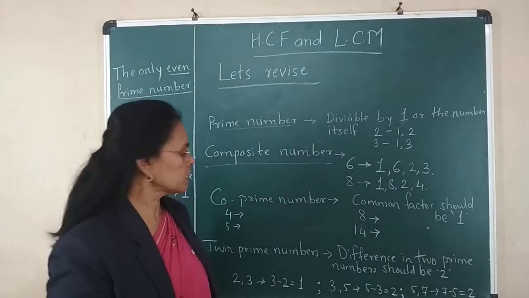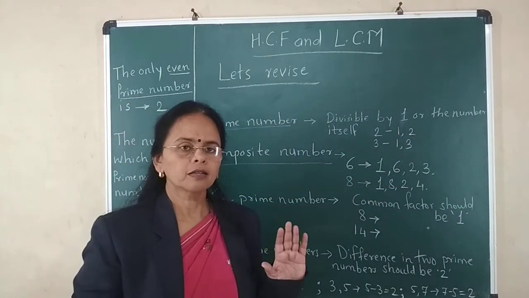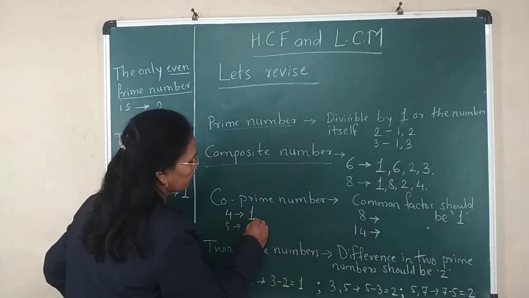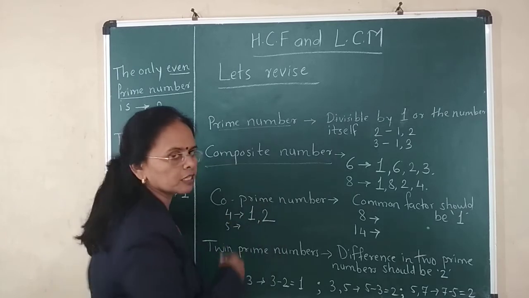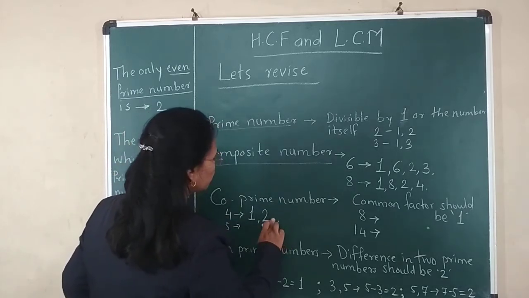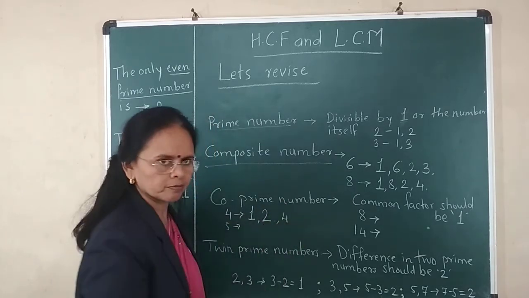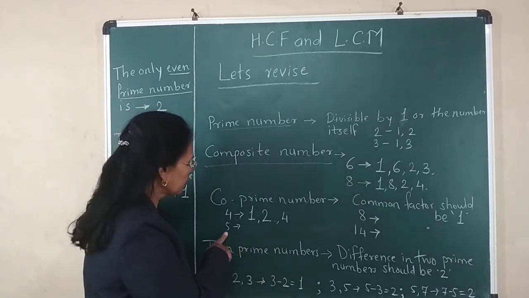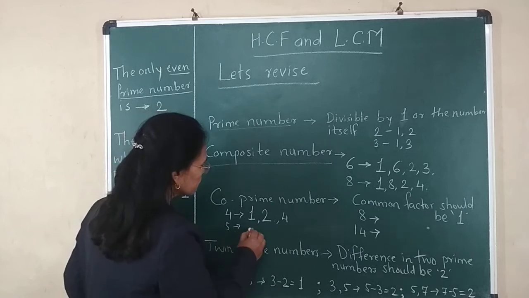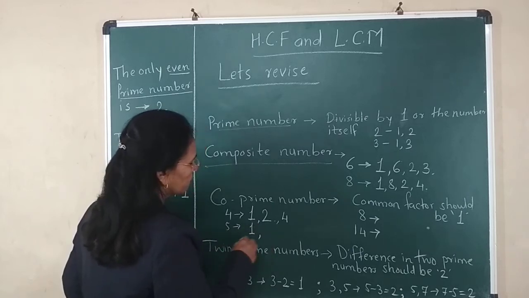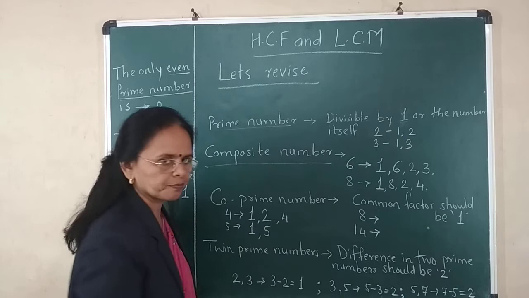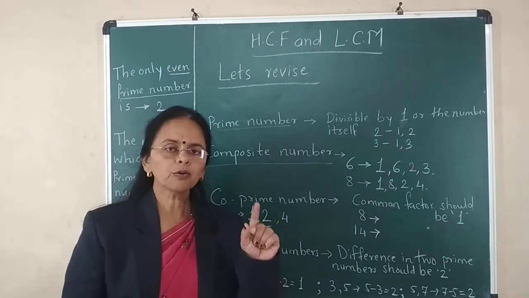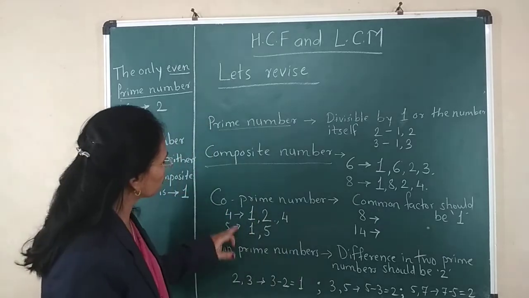Common factor means, if we say 4 comes in the table of 1, 2 and 4, and 5 comes in the table of 1 and 5. Now, we will see what is common in both of them.